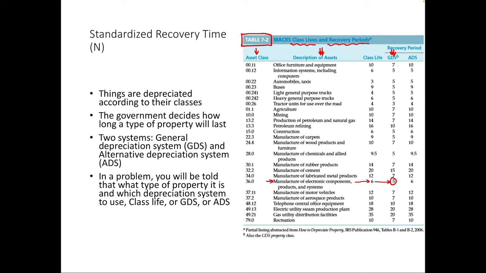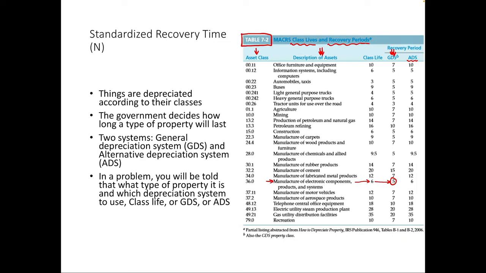Okay, and you will see here is another system called ADS, and under ADS you have number of years of 6, but here you don't have to worry about this number because we're not going to use that in the later problem solving. Okay, so you want to check the class of your property first, and then you want to find out the number of years, the recovery period under the GDS column.